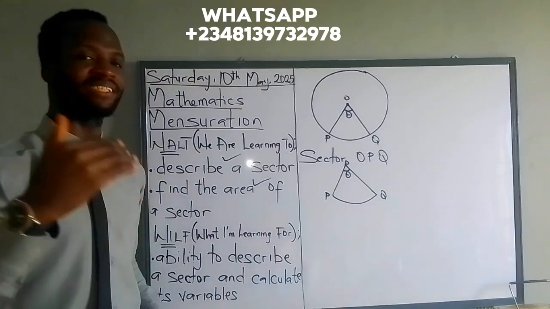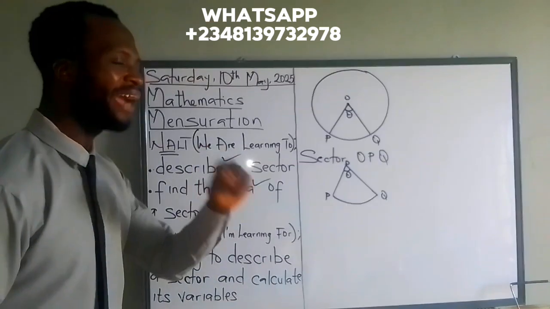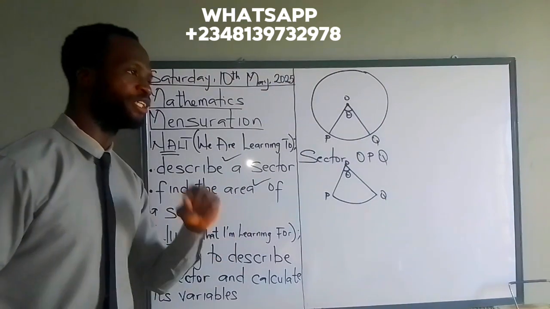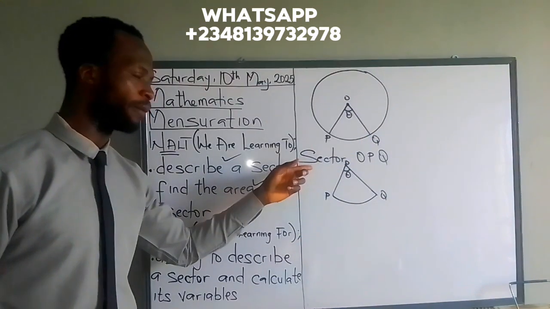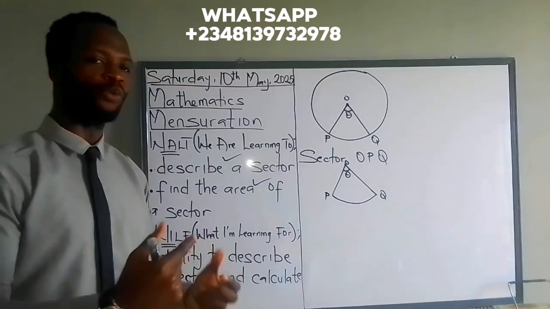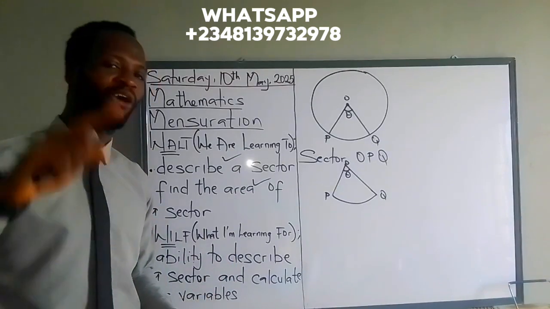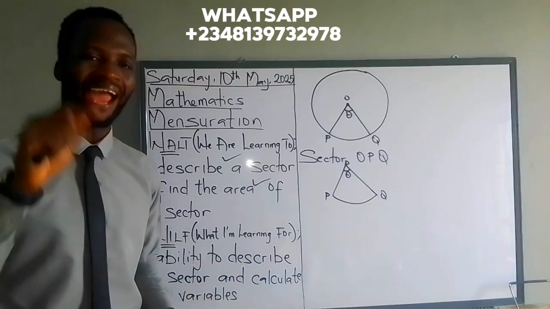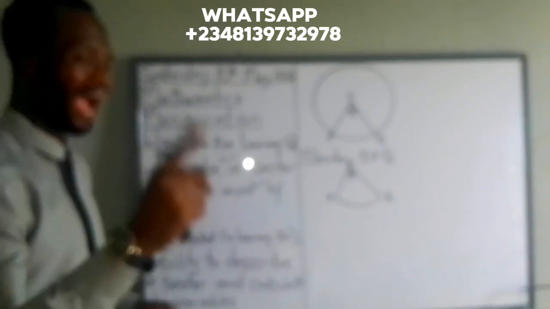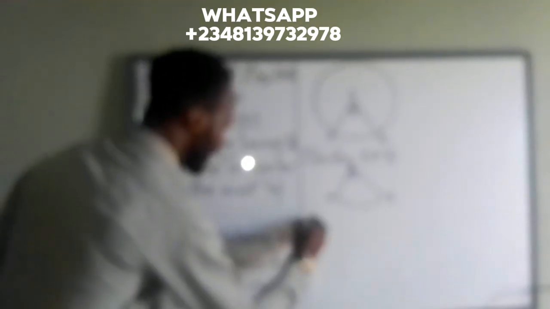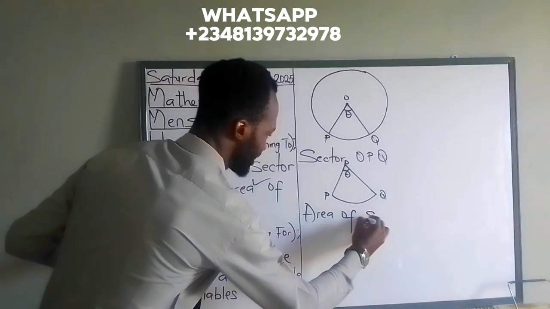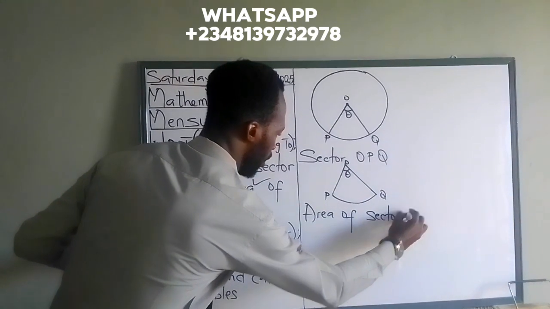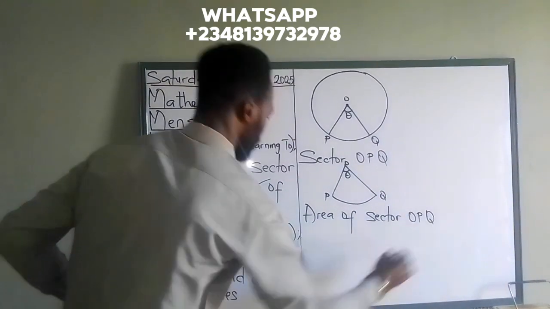How then do we calculate the area? Now, while the length of an arc deals with the circumference, 2 pi r, the area of the sector will involve the area of a circle, which is pi r squared. So, how do we calculate the area of sector OPQ?